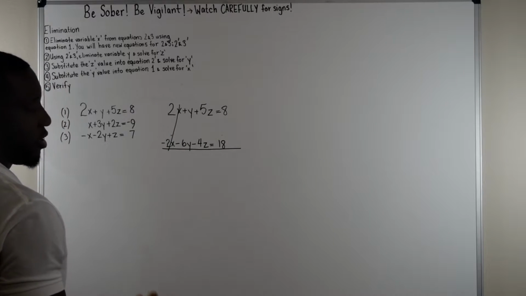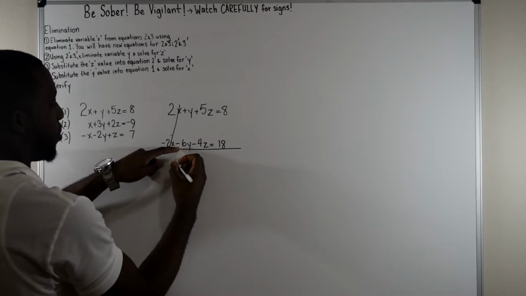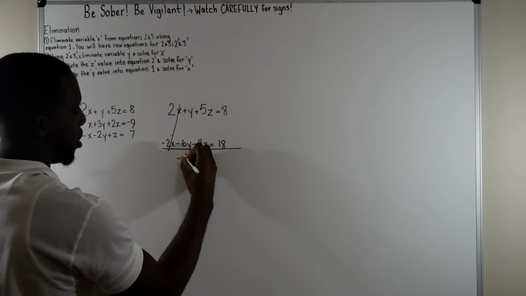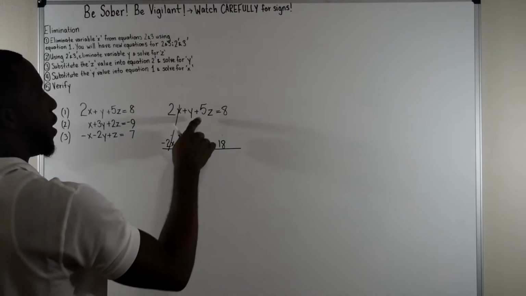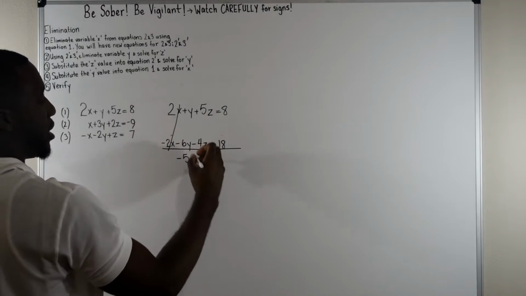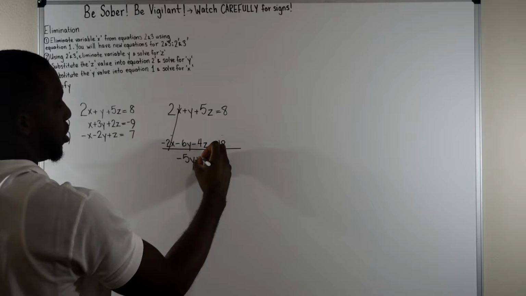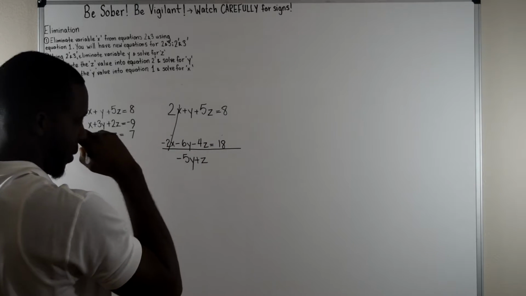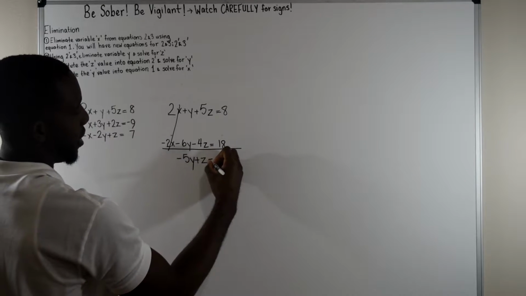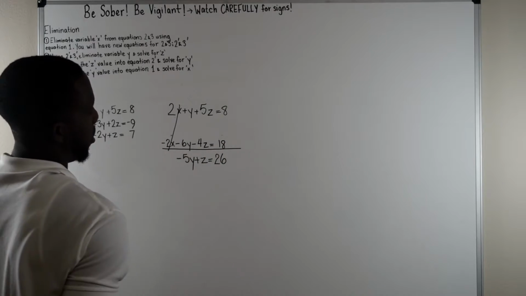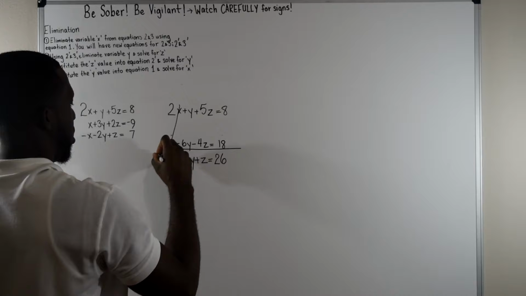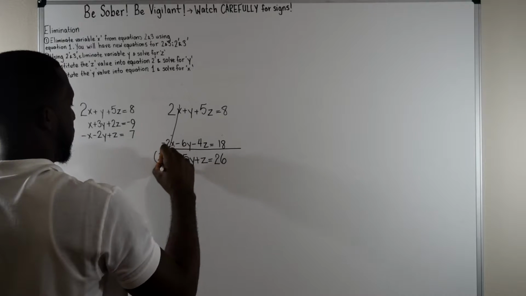So the signs are different, so you subtract and keep the sign of the bigger number. So we got -5y. The signs are different, we subtract and keep the sign of the bigger number. So we got 1z, I'm just gonna put z, and then 18 plus 8 is 26. Okay, so this is 2'.